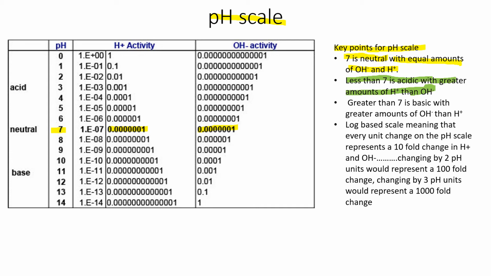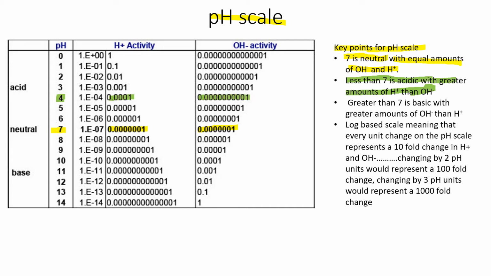So if we're looking at the acidic side of the pH scale, if we look at something like pH 4, let's look at how much H+ versus OH- we have. So this is highlighted in green. You can see 0.0001 H+, but a lot less OH-, 0.000, a whole bunch of zeros before we hit the 1.